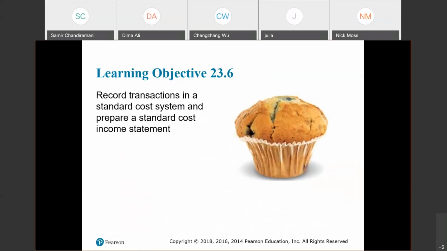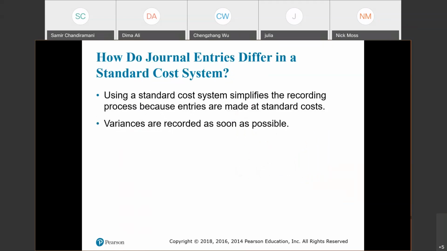All right, the last part of this chapter. Let's see how to make journal entries in a standard cost system. So let's look at the different journal entries, how it differs. Management needs to know about the variances and address each problem.